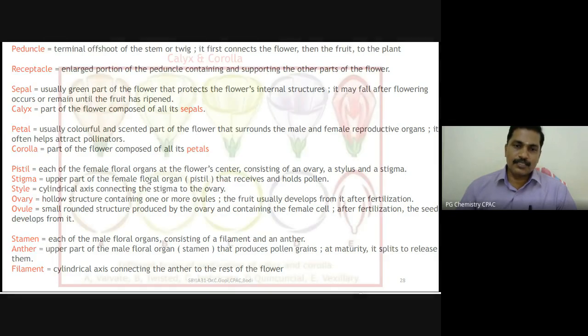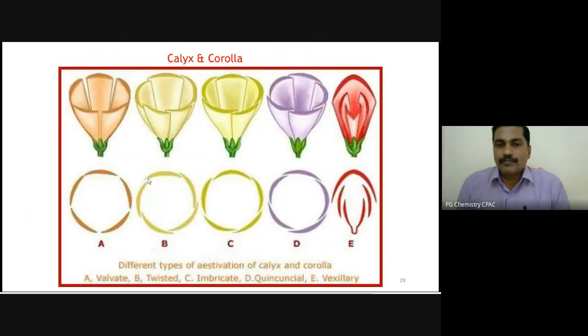All those things are already shared. You can discuss. Okay, then this is the arrangement of the calyx and corolla. When you see the flower, you must see the arrangement of the calyx and corolla, the petals and sepals, how they are arranged. That arrangement is called estivation. Okay, different types of estivation.